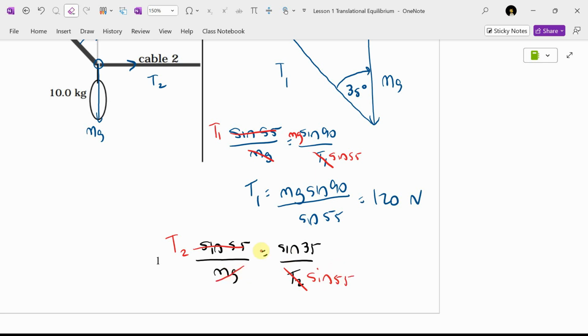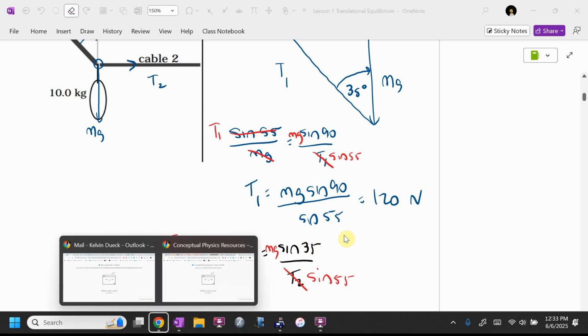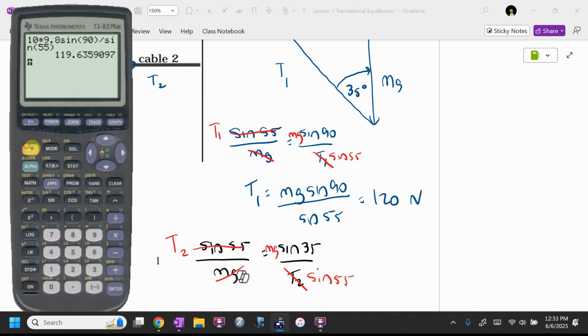55. Mr. Dueck, yes, Jericho. I notice it's exactly the same as T1, but instead of a sine 90, I have a sine 35. Can I cleverly just backspace on my calculator and edit and change the 90 to a 35 and save myself some typing?